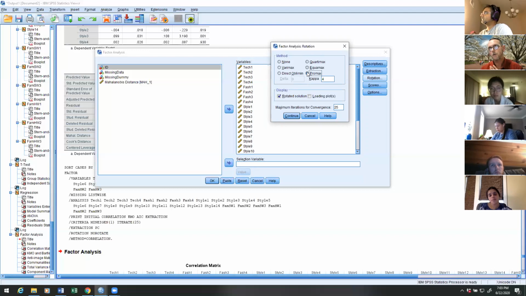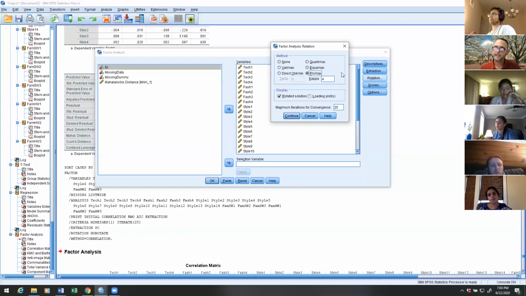Now, if you run both analyses, you're probably not going to come up with much difference between the actual factors you identify, and you may not even have much difference in the factor loadings that emerge. So it's more like a philosophical thing. Do you think the factors share variance with each other or not?